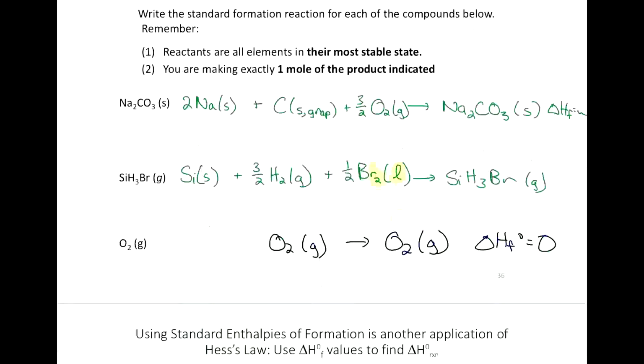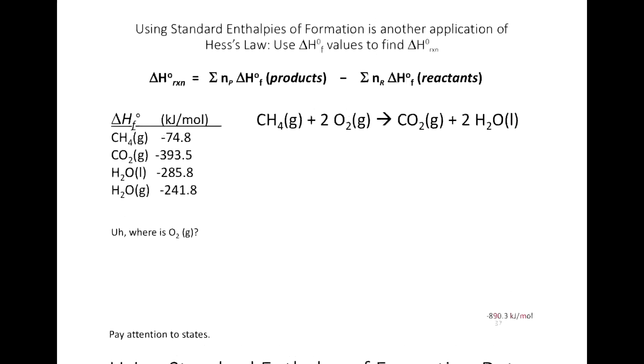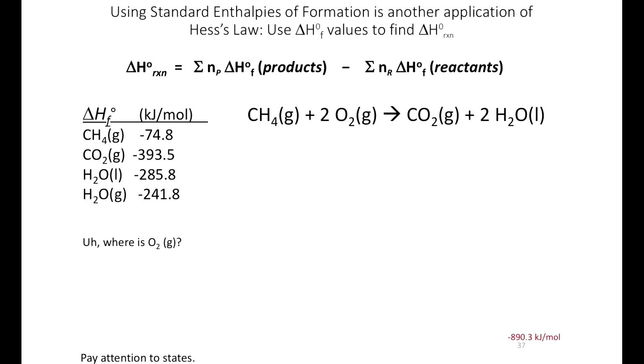All right, so what are we going to do with these numbers? Since these are all table values, it allows us to take a full chemical equation and determine the enthalpy of this entire reaction. So what we can do is utilize Hess's law. If I know the formation values of all of my products and all of my reactants, I can calculate the overall energy change for this reaction.